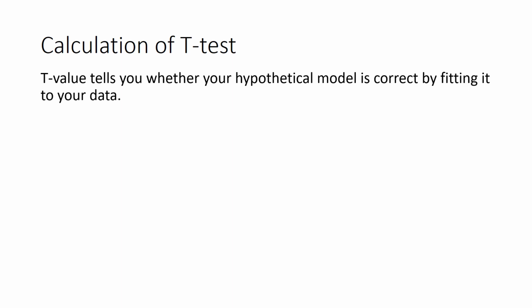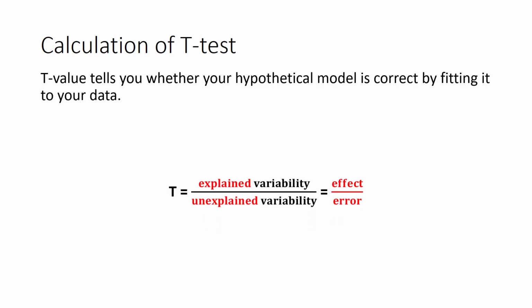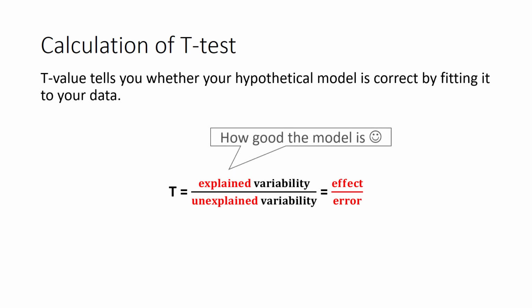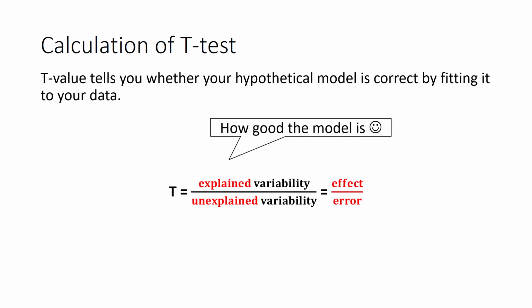To calculate the t-value, there are two pieces of information you need from your data. One is explained variability and the other is unexplained variability. Explained variability is how much your independent variable explains your dependent variable. This indicates how good the model is or the effect.